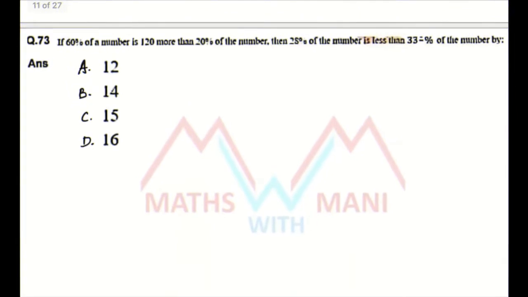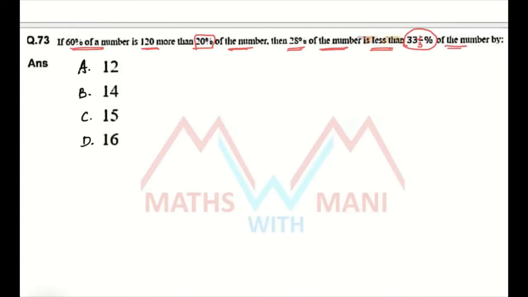Question 30. Let's see. 60% of a number is 120 more than 20% of the number. Then 28% of the number is less than 33 1 by 3% of the number by how much?